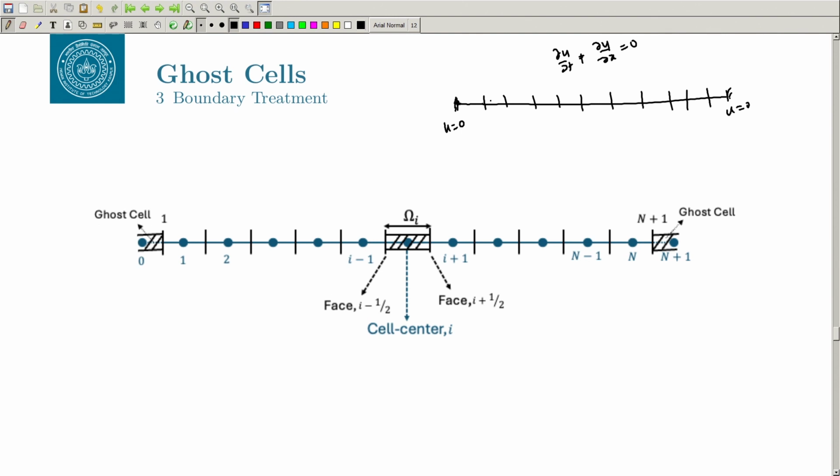In the cell center approach it is not that easy because you have the value stored at the cell centers. Your boundary is here, and the cell center is away from the boundary. Here I want to mention that until now what we have discussed is the cell centered finite volume.